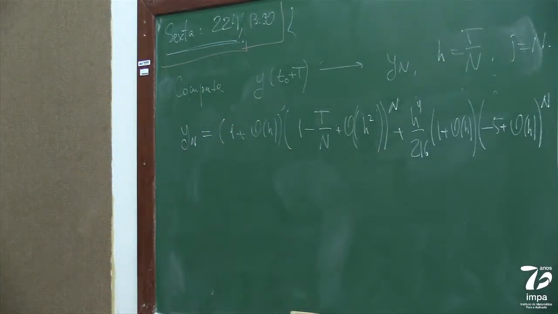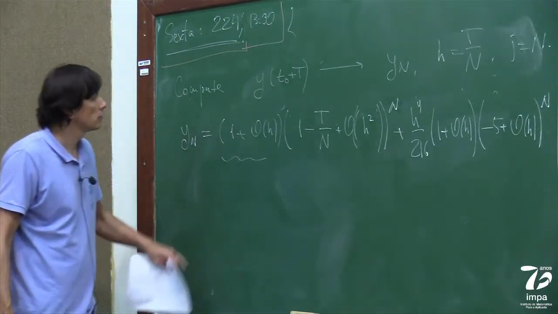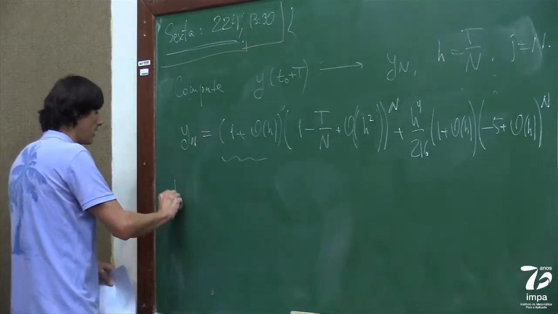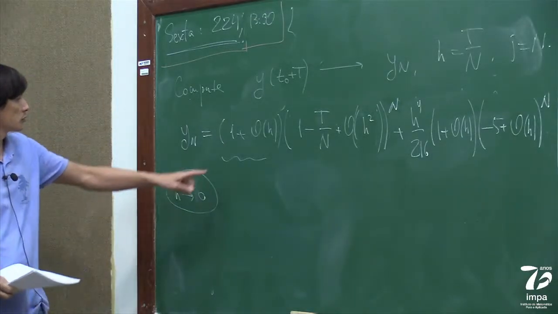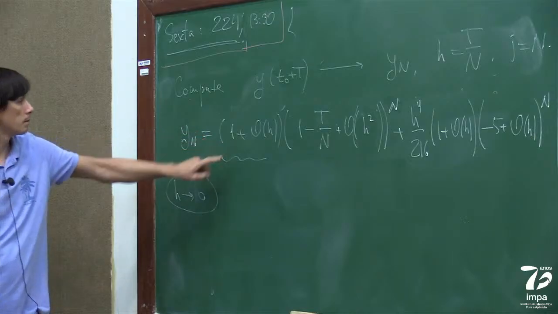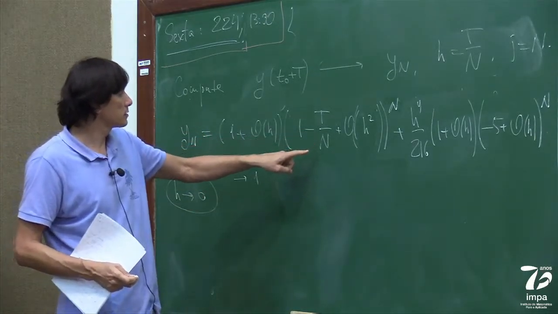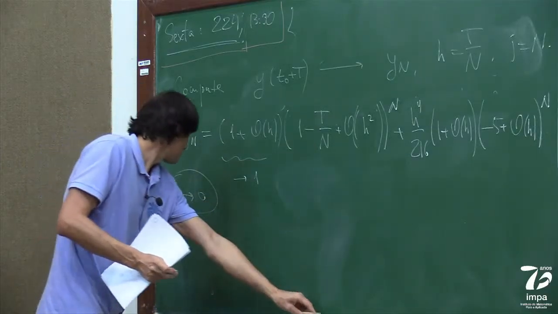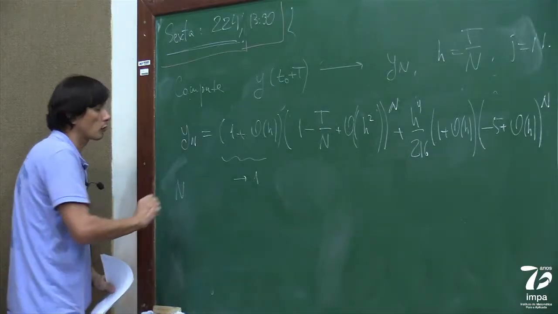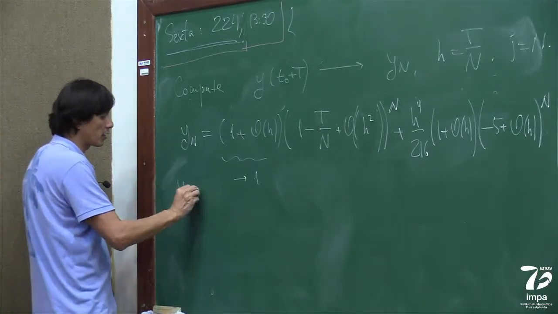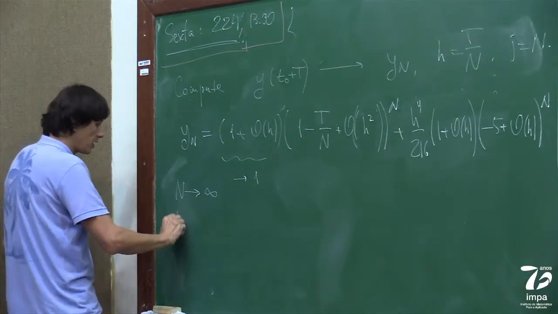So what do we have? This remains as h goes. Now we consider h small. So what happens with h small? This goes to 1. And h small means that we want to compute more and more accurately, which means we take more and more steps, n goes to infinity, which means that h goes to 0.